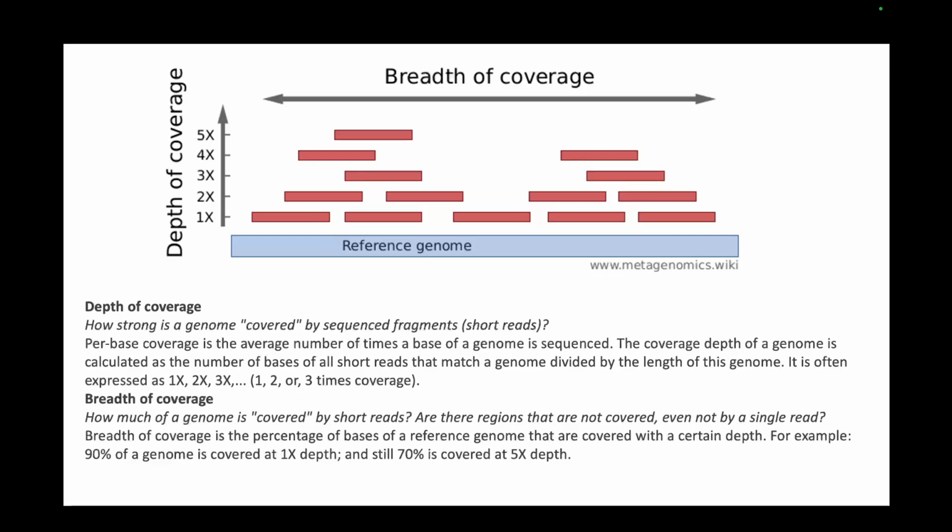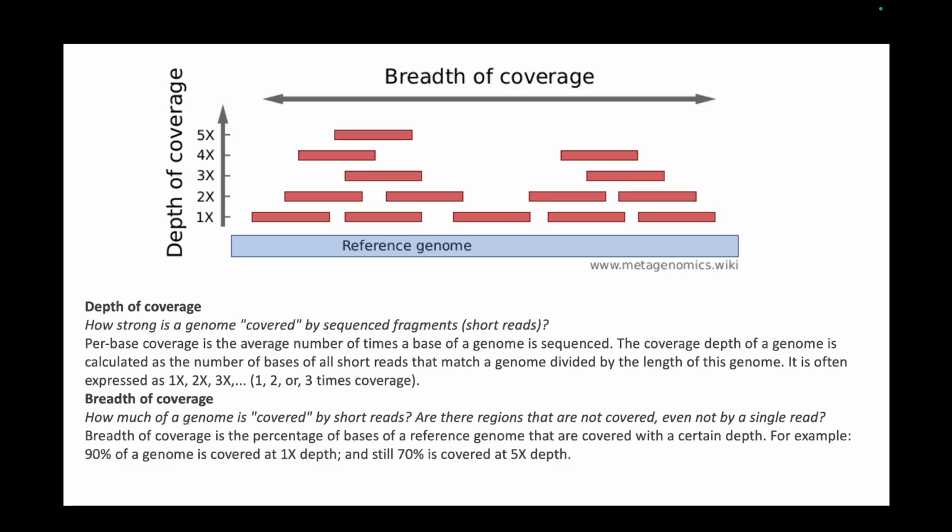Are there regions that are not covered even by a single read? Breadth of coverage is the percentage of bases of a reference genome that are covered with a certain depth. For example, 90% of the genome might be covered at 1x depth, and 70% can be covered at 5x depth.